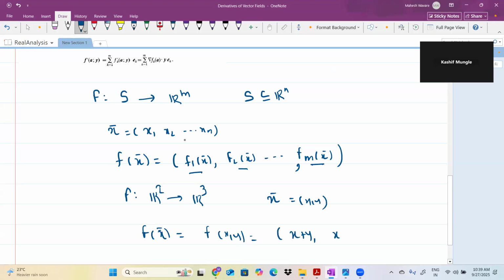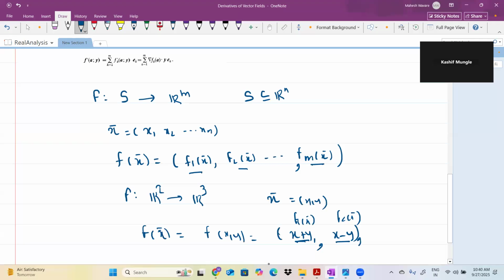I will take a simple algebraic function which always exists for every value of x and y. That's why I choose the domain as R2. So look at this. This is the first function, and this is the second function, x minus y. You see x and y are real numbers, x plus y is a real number, x minus y is a real number. So each component is a scalar, and this tuple of components becomes a vector.